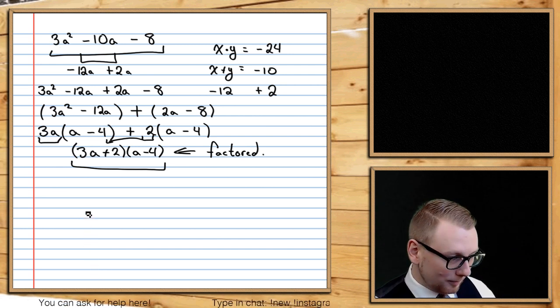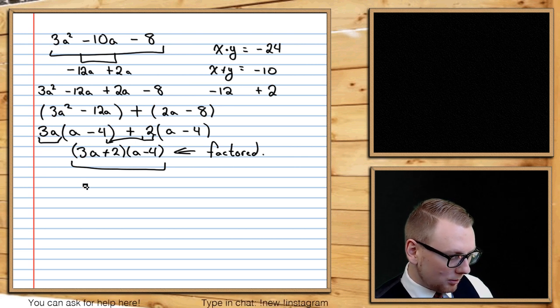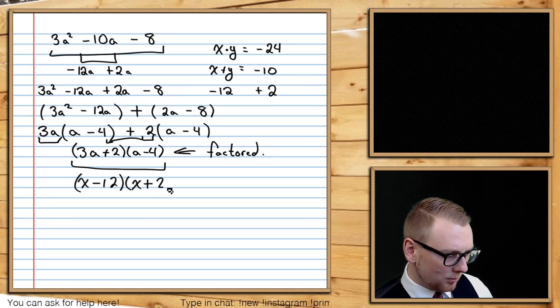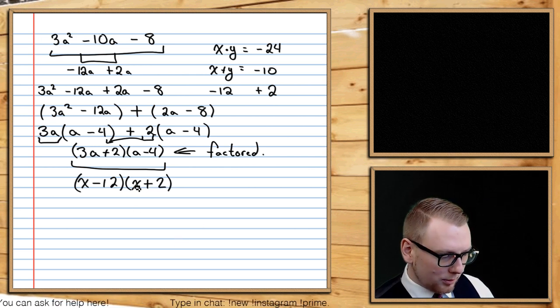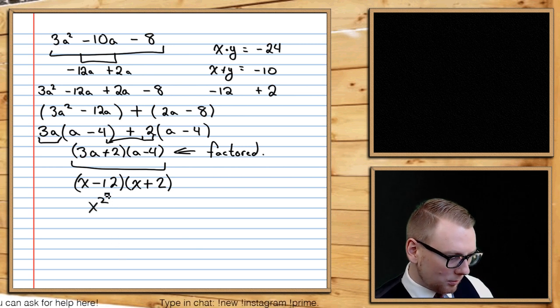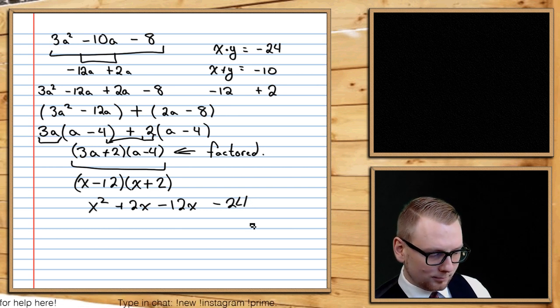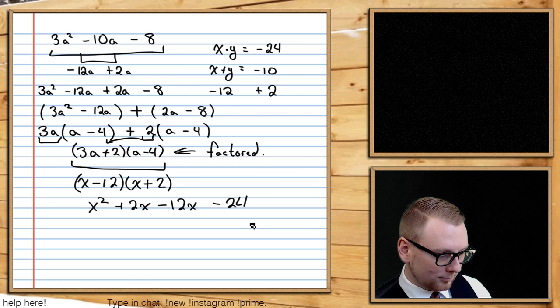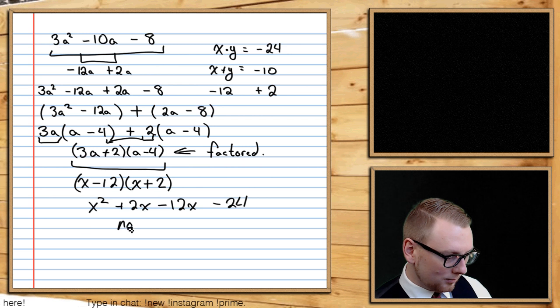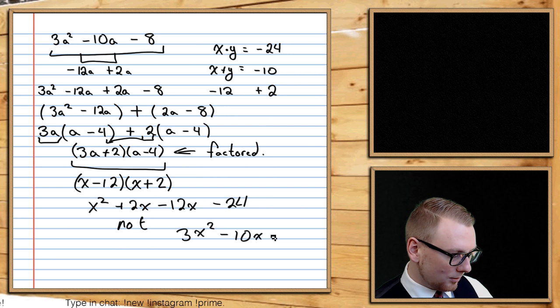So for example, if I wrote x minus 12 times x plus 2, and you multiply those out, you get x squared plus 2x minus 12x minus 24. That is not 3x squared minus 10x minus 8.